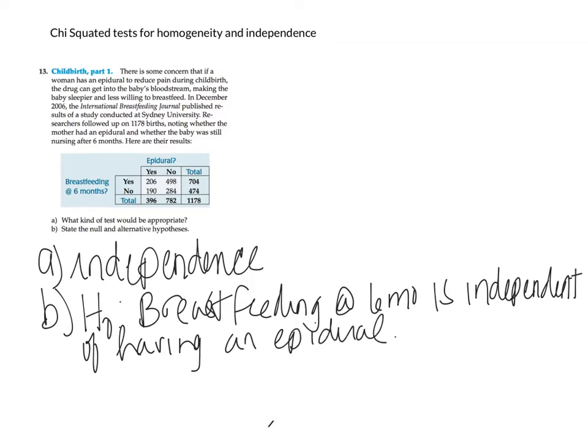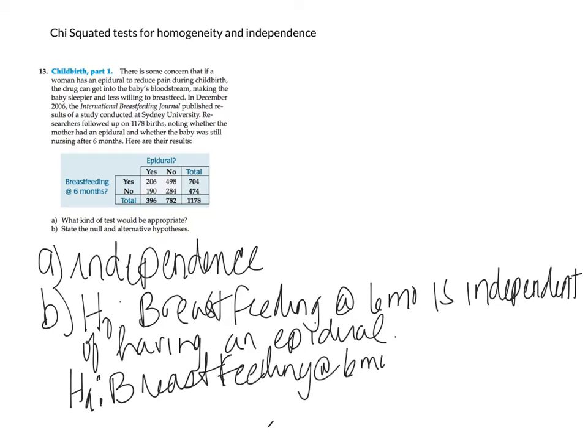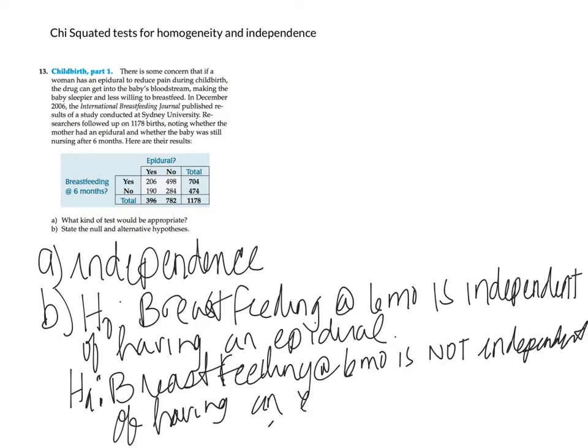And it's breastfeeding that's the dependent variable, because the epidural is what they believe causes the breastfeeding to possibly not be as effective, or the baby to be lazy, sleepy. And then the alternative: breastfeeding at 6 months is not independent of having an epidural.